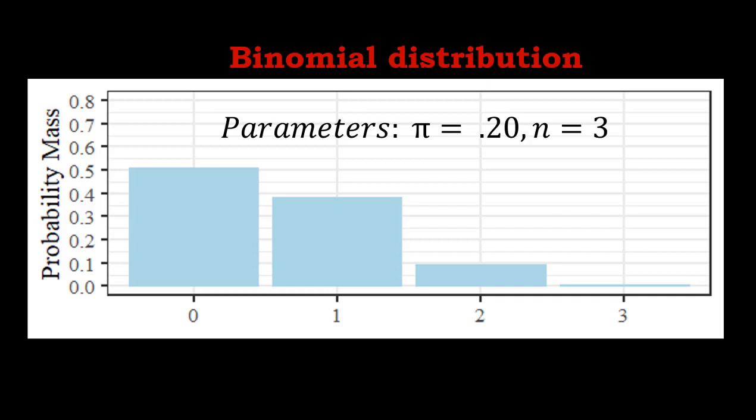So even though we start with the pi 0.20, that's a very important parameter, here we are not interested in the probability of landing in a specific region of the city. We are interested in the probability of the number of landings in one region.